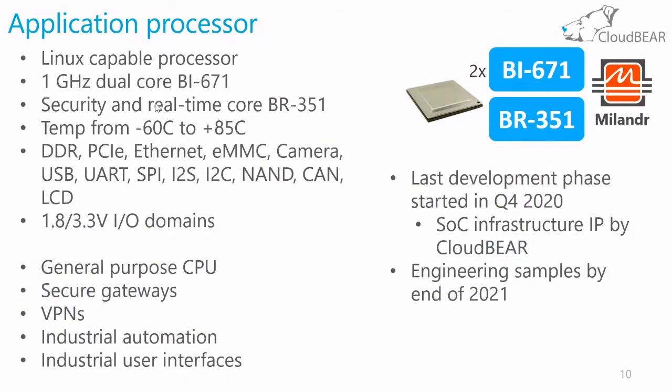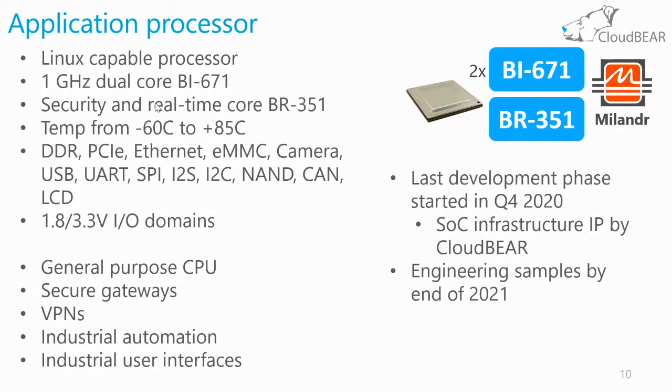Another processor which I mentioned is under development, and we plan to have engineering samples by the end of this year or beginning of next year. It's a Linux capable processor with a dual core BI671 out-of-order CPU running at 1 GHz in worst-case silicon conditions. It also contains the security and real-time core BR351, which handles secure boot, crypto management and also real-time applications.